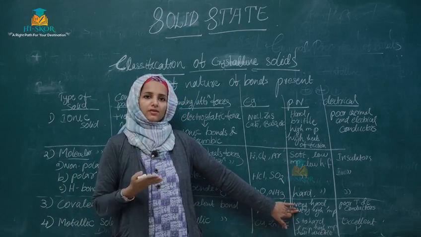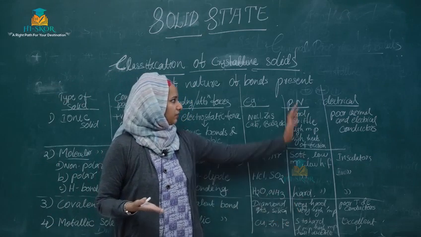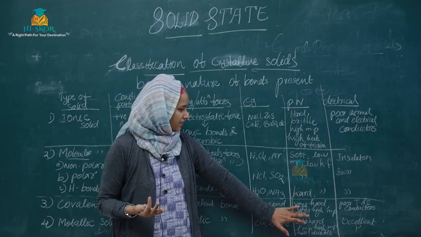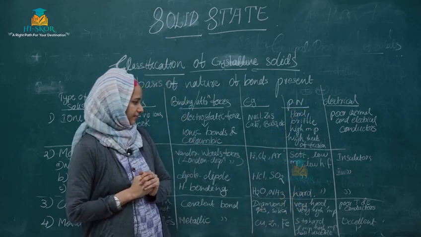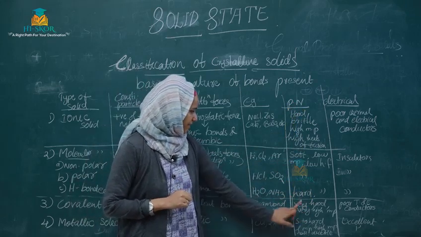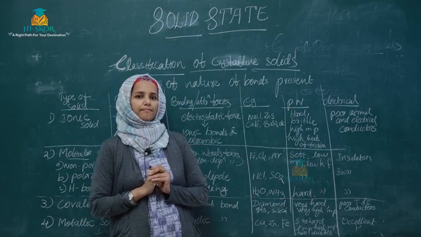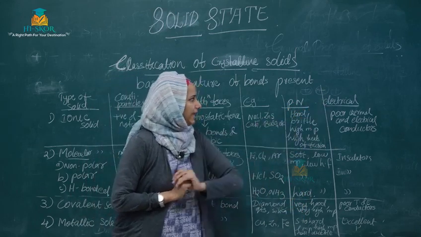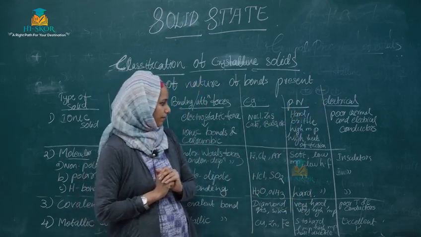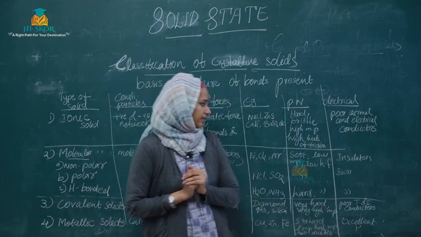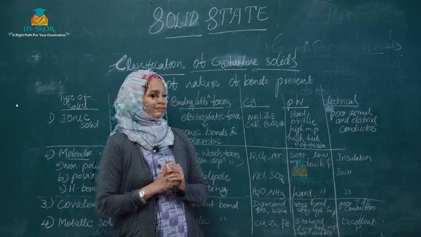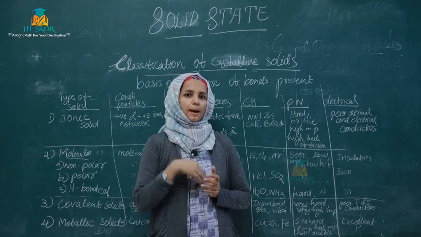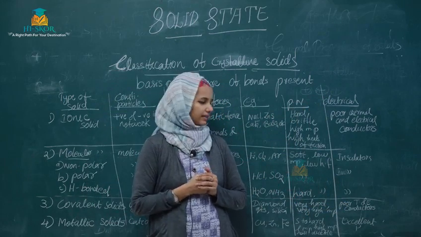Because they have strong covalent bonds, they are very hard and have a very high melting point. About their electrical and thermal properties, they are poor thermal and electrical conductors.